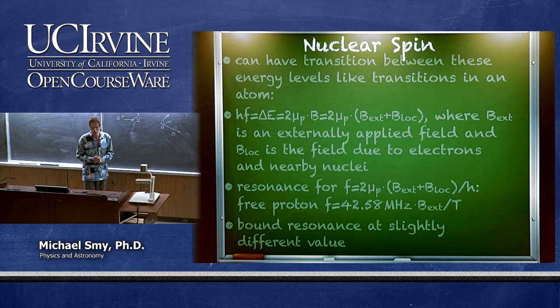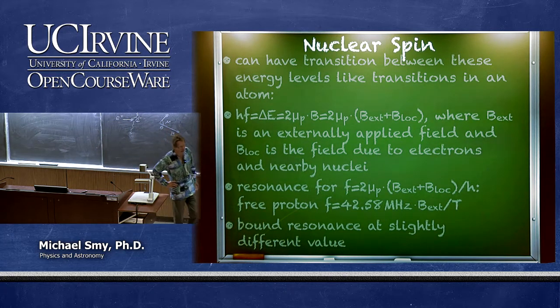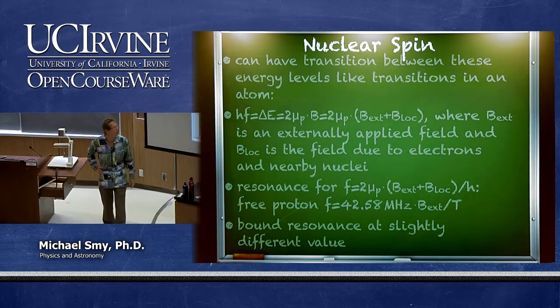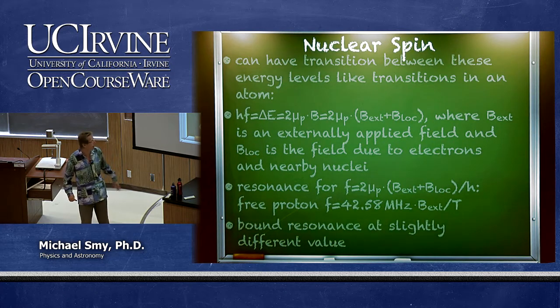Since we can have transitions between those energy levels, we can actually calculate the frequency of the electromagnetic wave that is required to make this transition. This depends on the magnetic field, which consists of the applied external magnetic field and that produced by nearby other particles, such as electrons and other nuclei.